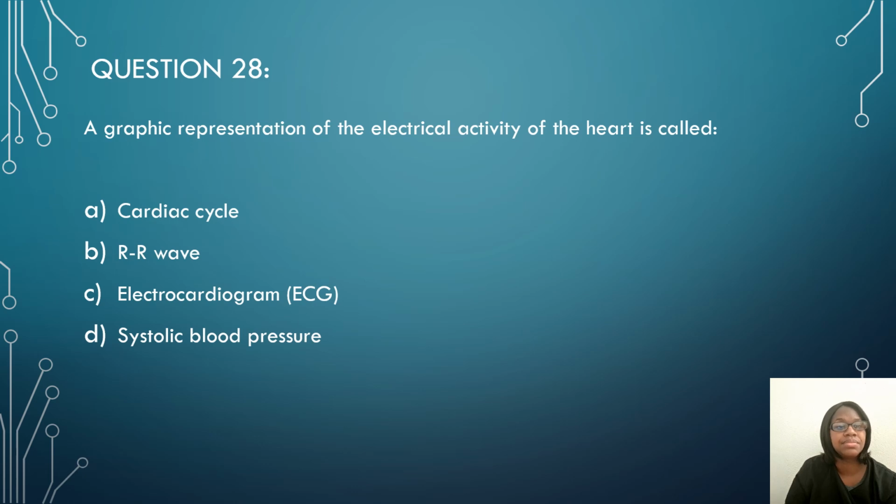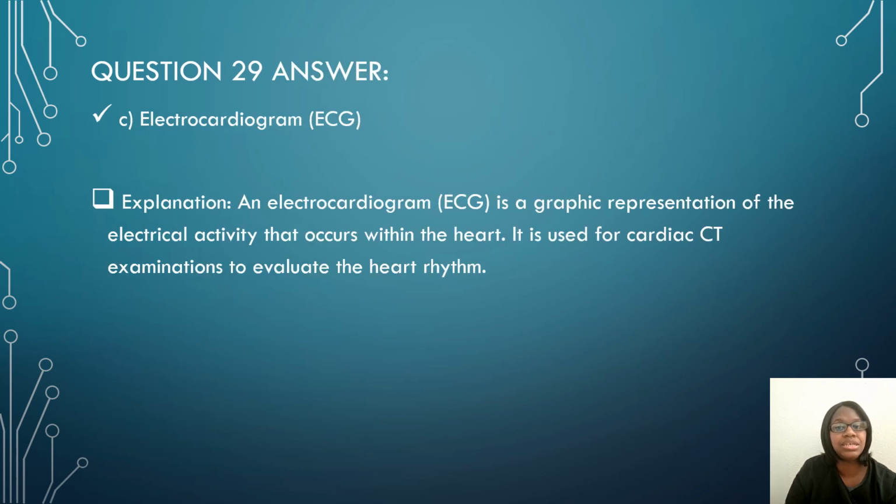Question 28. A graphic representation of the electrical activity of the heart is called, graphic representation. What is it called? An ECG is going to be used in cardiac CT studies whenever we are evaluating that heart rhythm. So just keep this in mind.